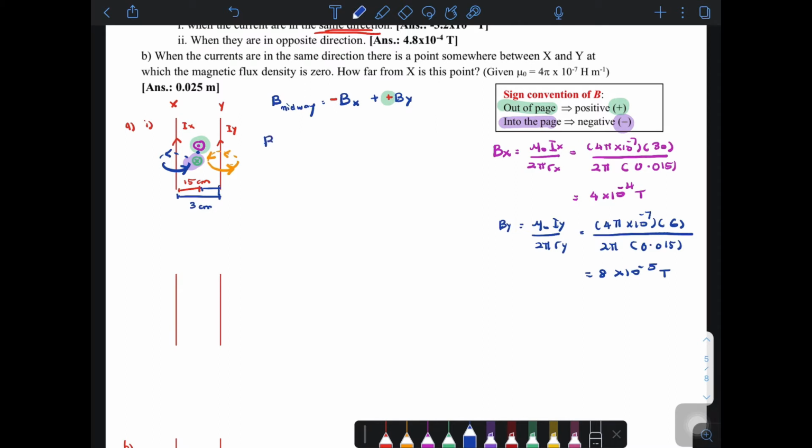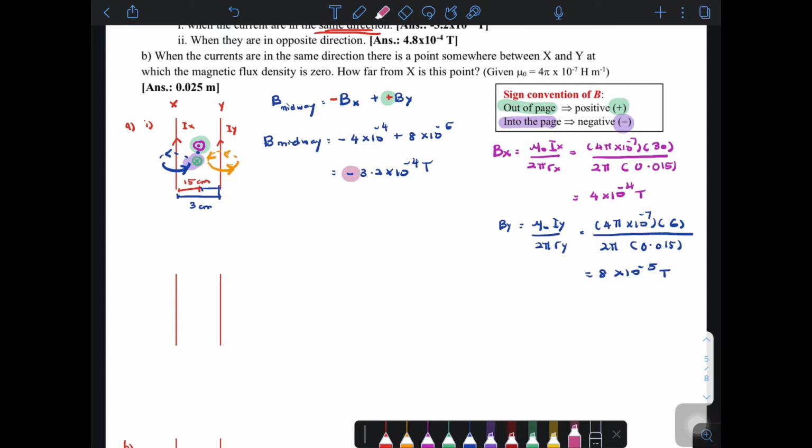Untuk yang first pertama, B midway equals to negative 4 exponent negative 4 plus 8 exponent negative 5. So kita akan dapat nilai negative 3.2 exponent negative 4 Tesla, dan B ialah vektor.